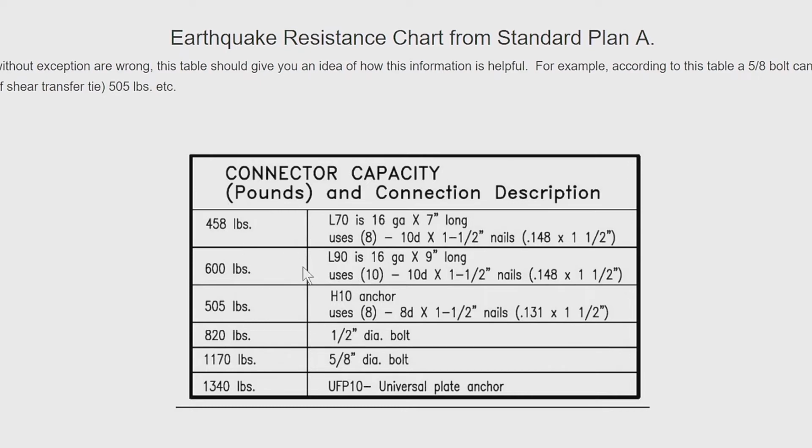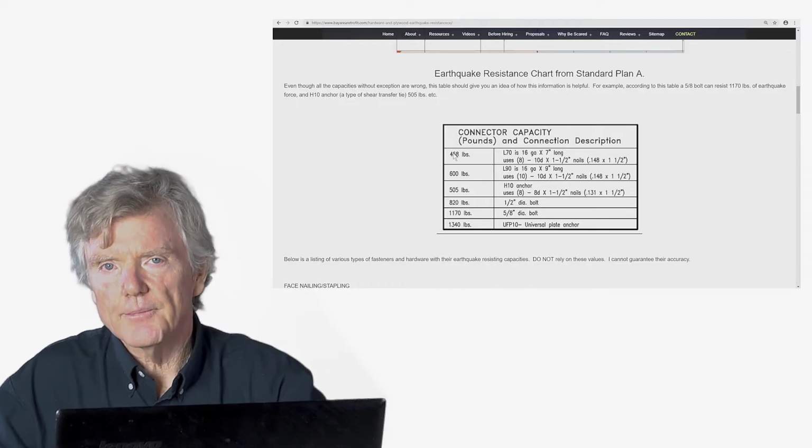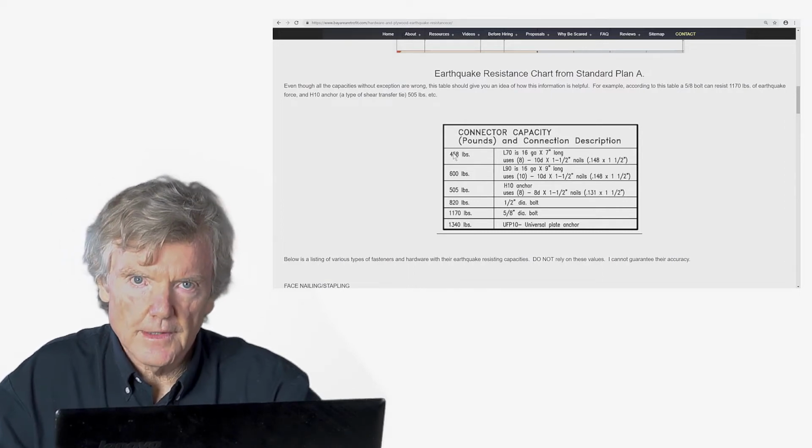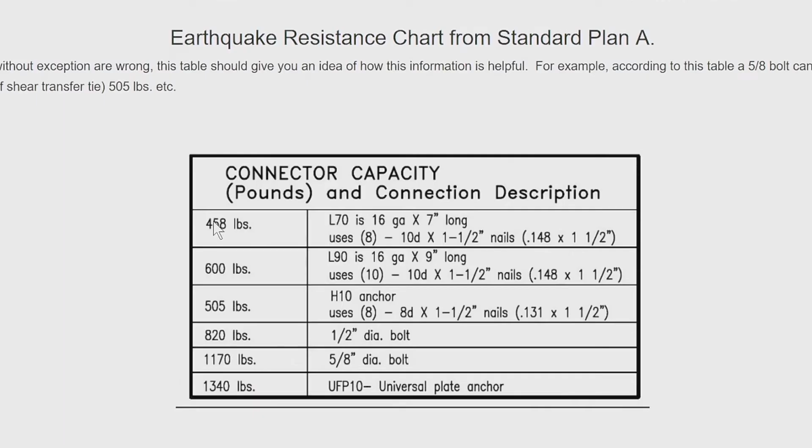This L90 can resist so many pounds of earthquake force. So all these bolts and everything are rated in terms of the amount of earthquake force that they can resist. And then the way Standard Plan A put it together, it said, okay, we need to resist so much force based on these engineering calculations that were done as its basis, and therefore we need to make sure it can resist that much force based on this number.